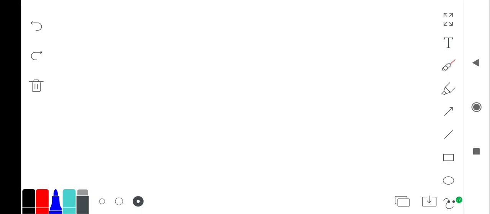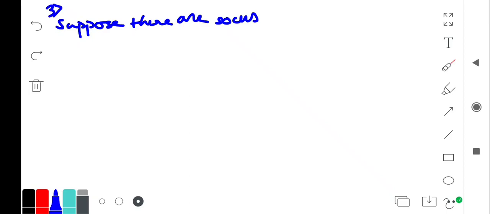Now next one, suppose this is 3. Okay, suppose there are socks of n different colors in a box.